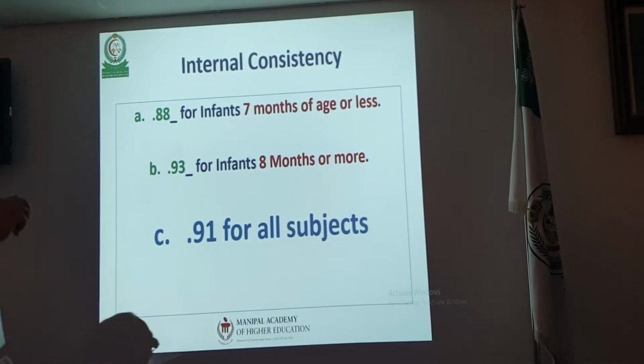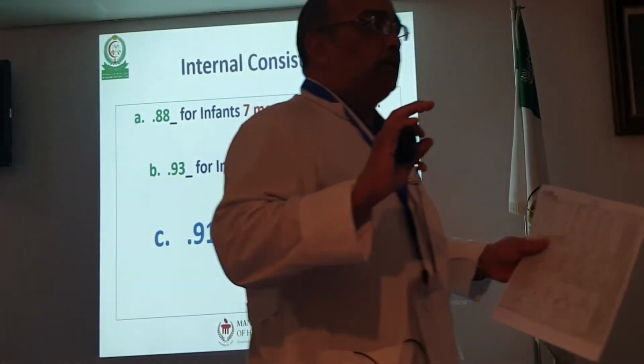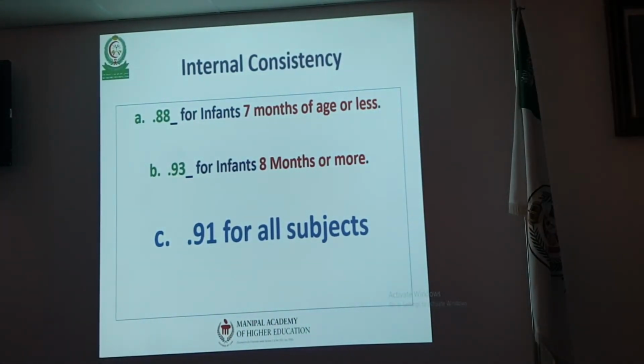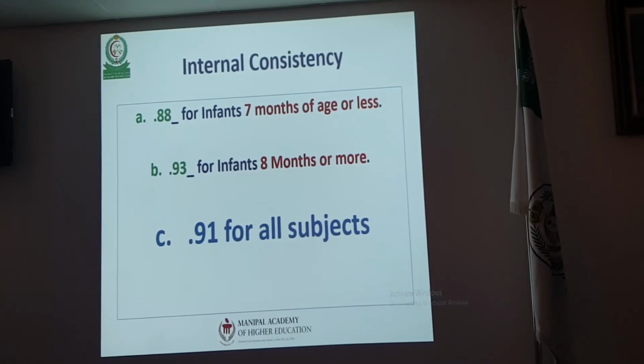Okay. Now internal consistency. Internal consistency is across the different ages. What do the findings say, whether it is consistent or not? So for 7 months or less, it is 88%. For 8 months and more, 93%.